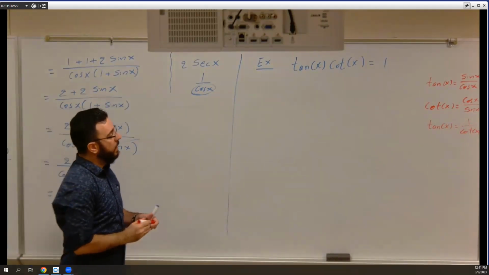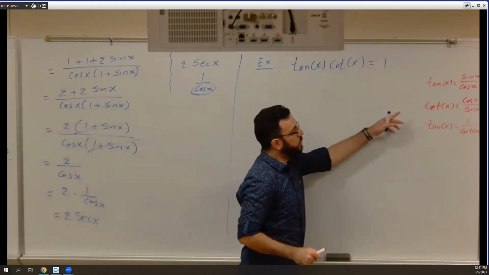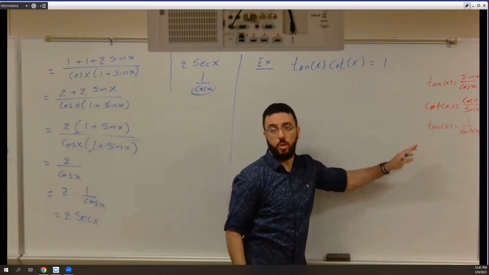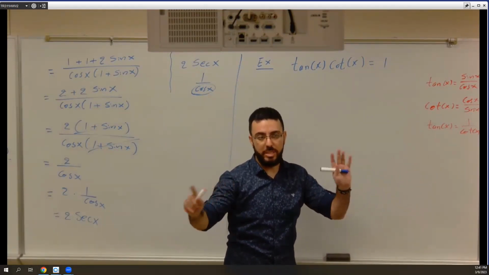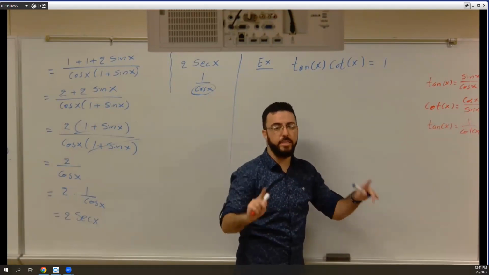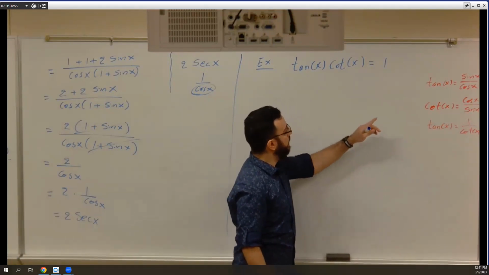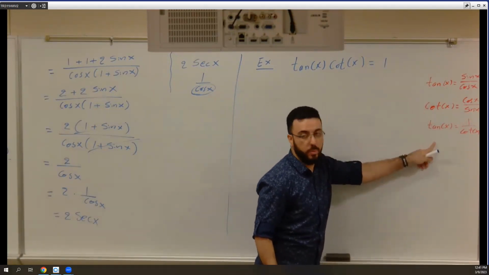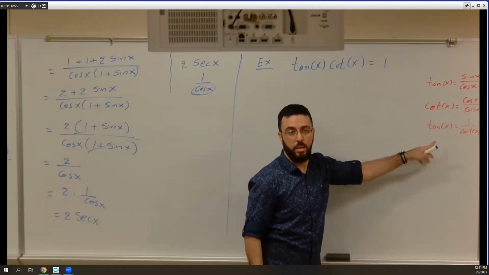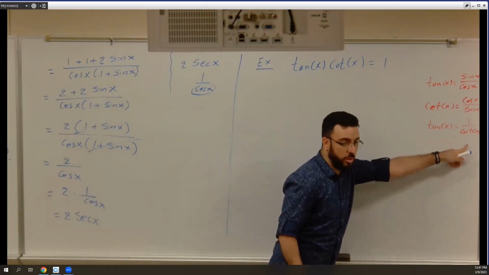So now, which one do you want to use? Because you're going to solve it, okay? So it's up to you. Both ways are going to be right. Now tell me, do you want to use this one or this one or this one? 1 over cotangent? Do you want to use this one? Okay.